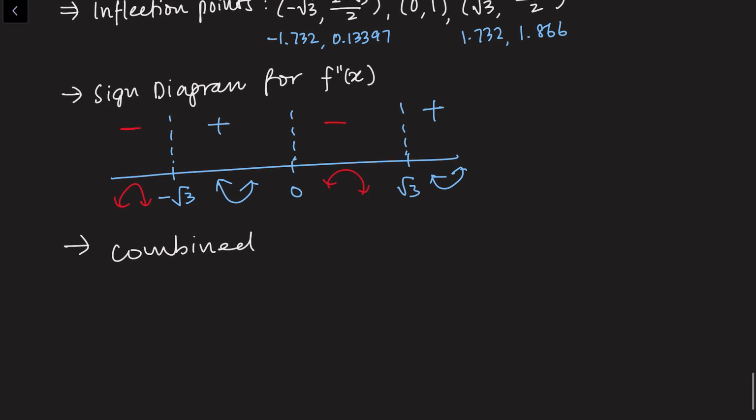Then the next one is the combined sign diagram, and I recommend you do this for this function because, as you can see, the inflection points are totally different from the possible criticals.